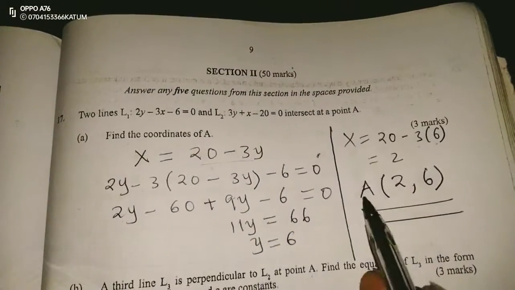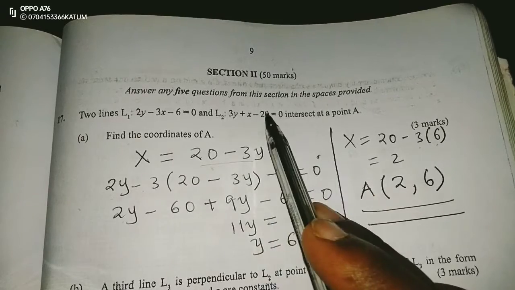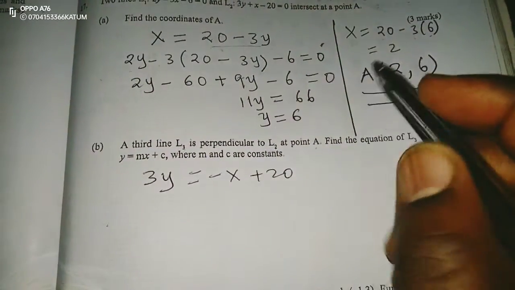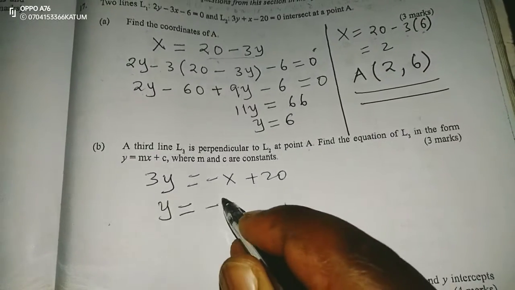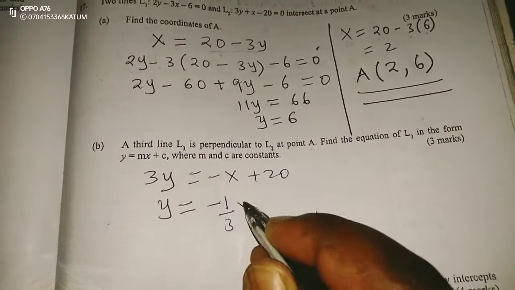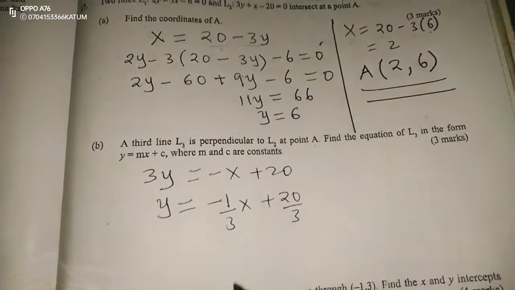I'm just rearranging this equation to remain with 3y equals negative x plus 20. So that when we want to remain with y, we divide by 3: y equals negative 1 over 3 x plus 20 over 3.